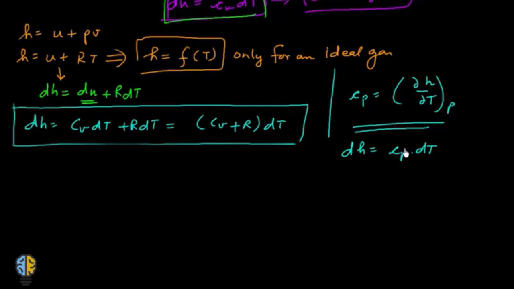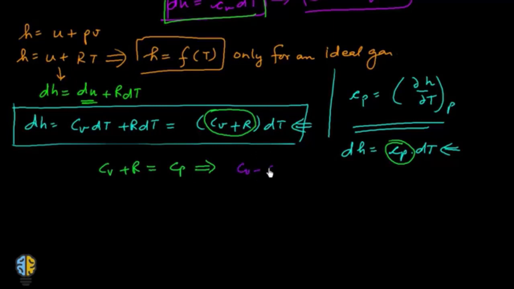If you compare this equation with the earlier equation, you can say that Cv plus R is equal to Cp, and you can then further write it as Cp minus Cv is equal to R. So this is a very, very important relationship that you should always remember.